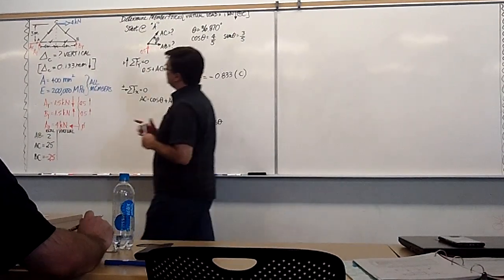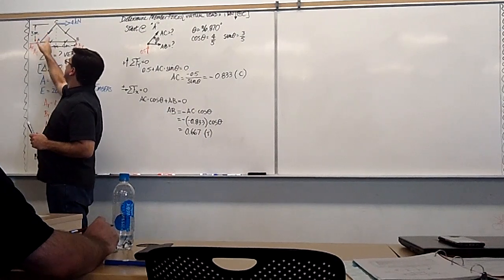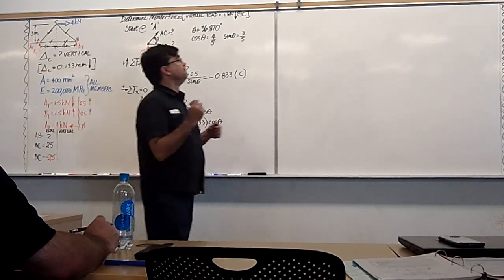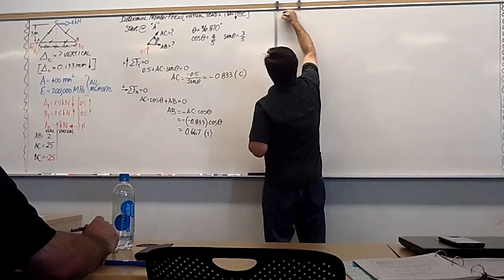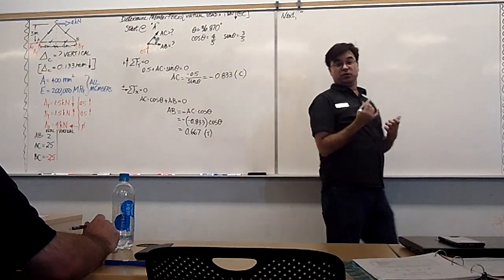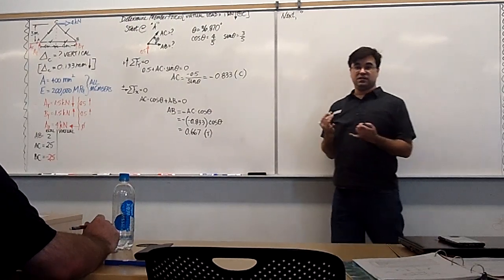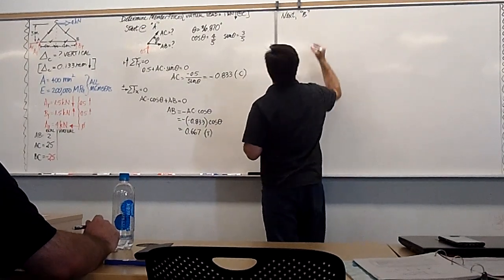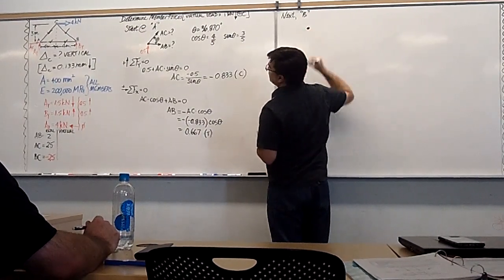So now we have these two from doing A. Which one do you want to jump to, B or C? Which one do you want to do next? B. So B looks like this.